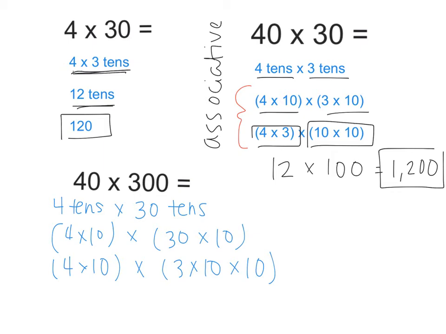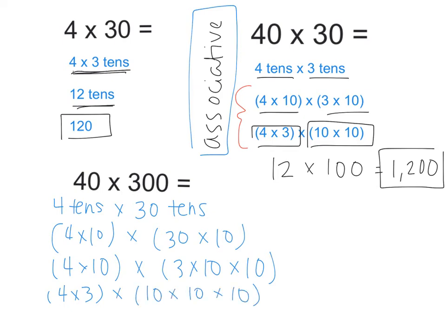Now, I want to put the 4 and the 3 together, and then the 10 times 10 times 10 together. What property allows me to group the factors differently? Arhan? That's the associative. Yeah, so one more time I can use this associative property to say that this is the same thing as 4 times 3 times, how many tens do I have? 10 times 10 times 10.